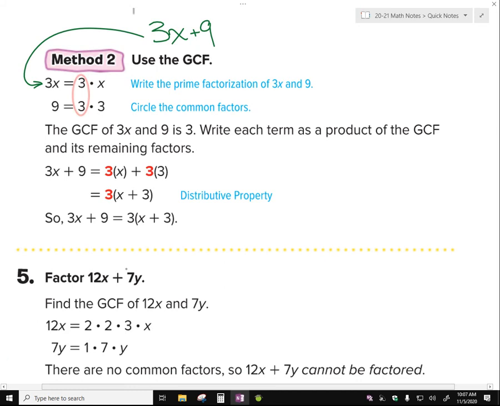So the 3 goes on the outside of the parentheses, and what's left over, what is not circled, is going to be in the parentheses: x, the operation is a plus sign, so it's plus, and then what's left over in the other one, 3. Okay, when we do the examples, it'll make more sense.